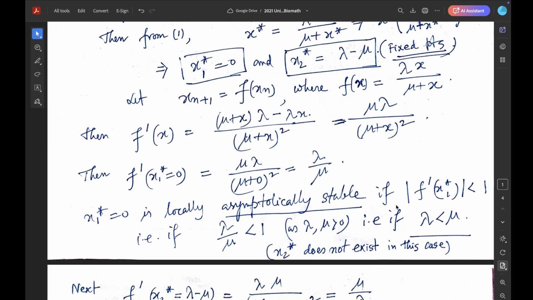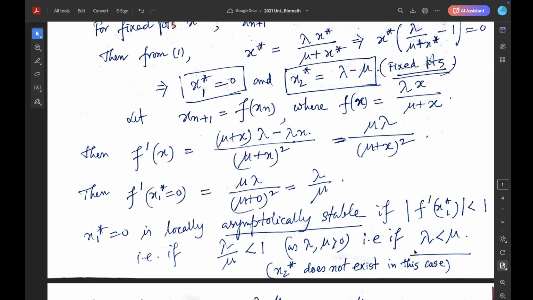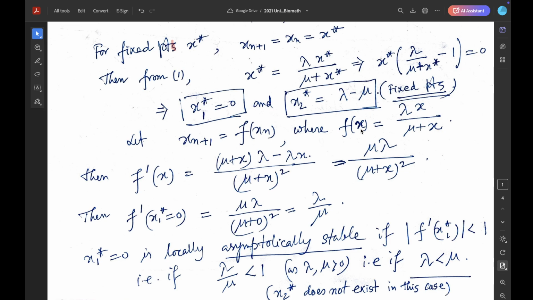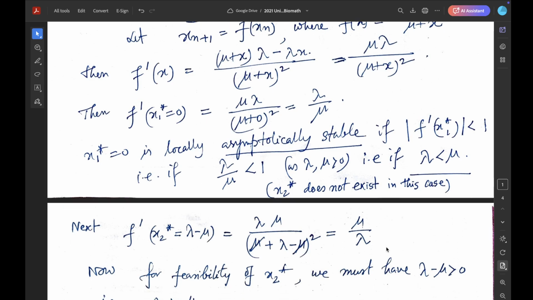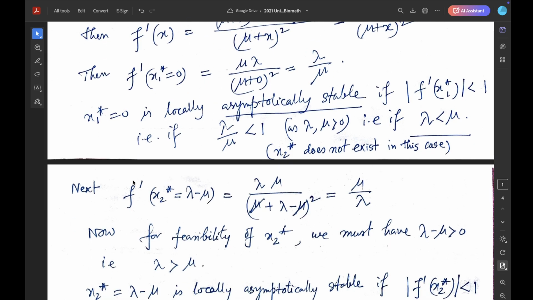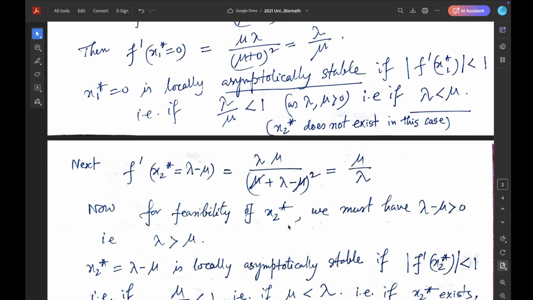Note that in this case x2 star does not exist, because for existence of x2 star we need lambda greater than mu. So when x1 star is locally asymptotically stable, x2 star does not exist. Next, f' at the point x2 star equals mu by lambda, and for feasibility we have already seen that lambda minus mu is greater than 0, so lambda greater than mu.